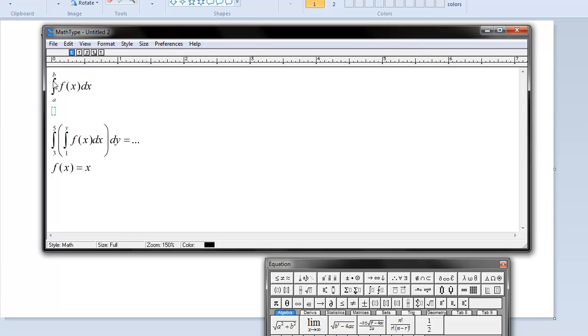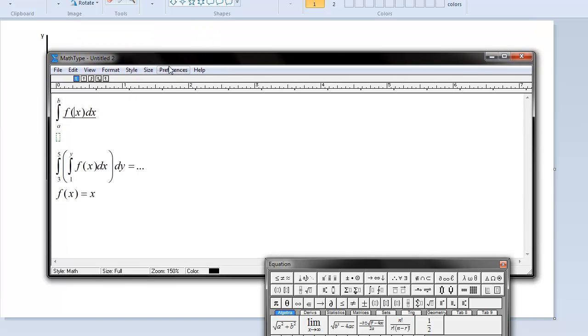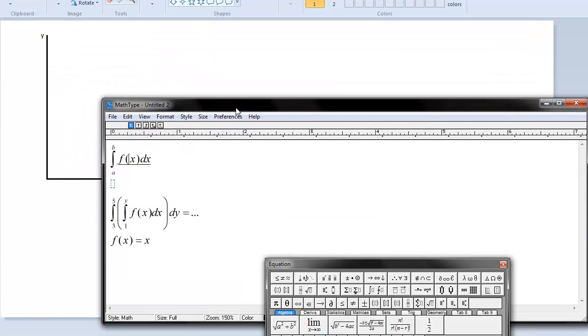Well, let me start with a simple integral such as this one. So let me draw a picture of how numerical calculation of an integral looks like. It's actually a sum.